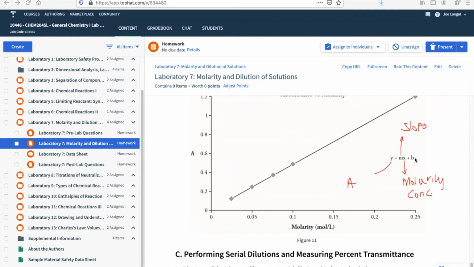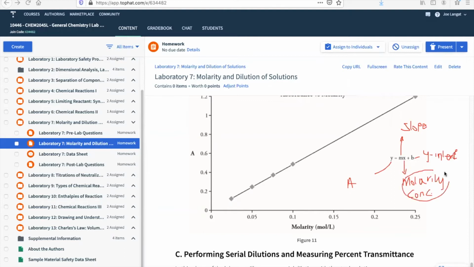And this is the y-intercept. So if you want to find the molarity of a solution, you will just have to rearrange this equation to get the molarity.